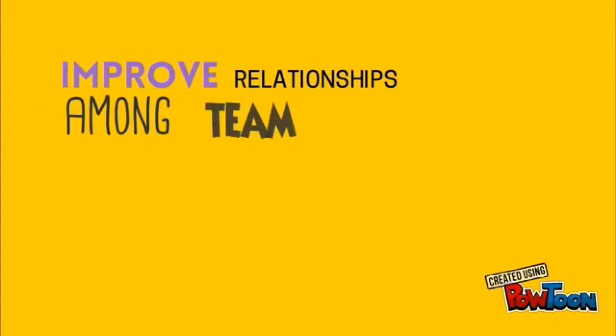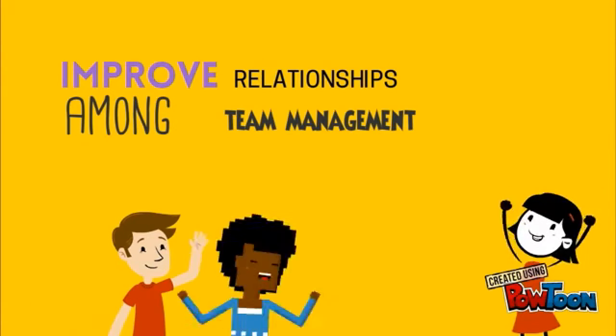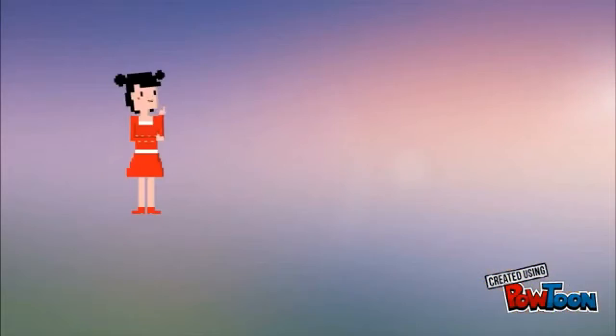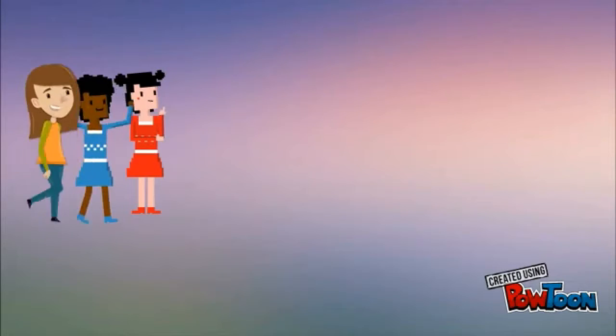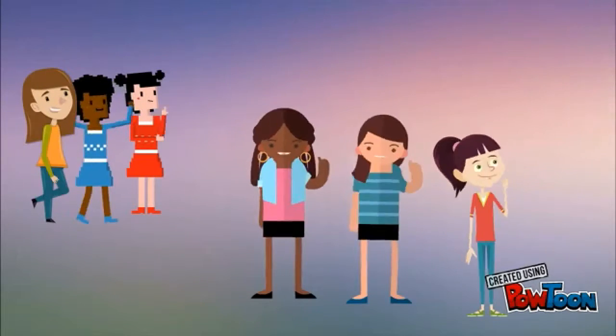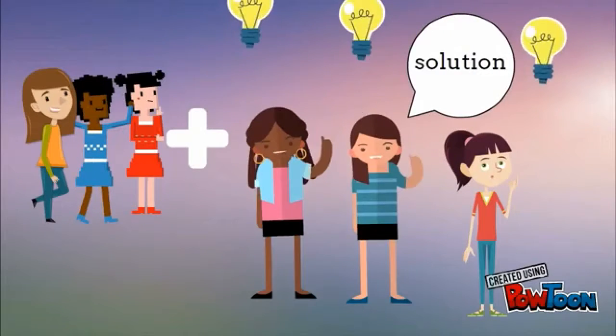Improved relationships among team management is also one of the advantages of target costing. Target costing teams will need staff from different sections of the organization to cooperate on solutions to reduce the cost of the products.